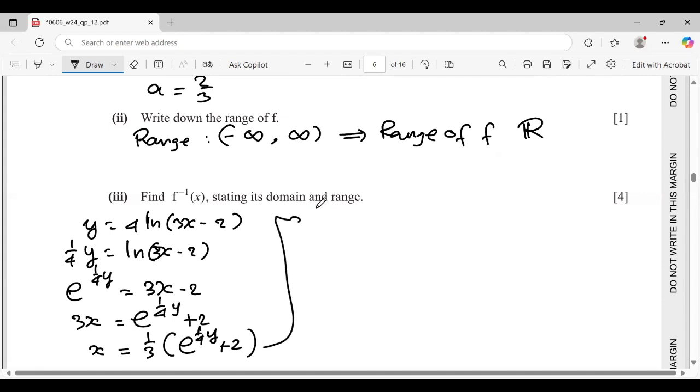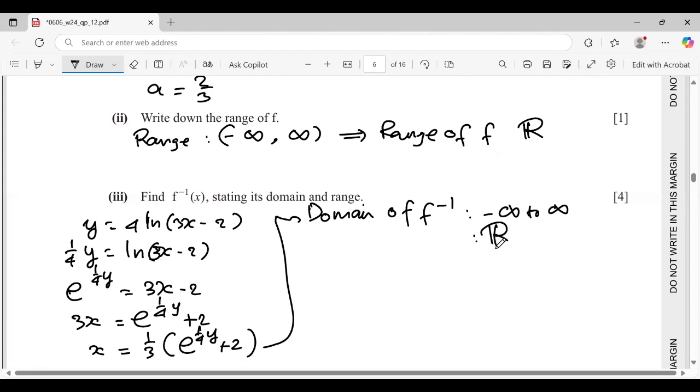Now, regarding the domain of f inverse, it is minus infinity to infinity, the same as the range of f(x), which is all real numbers.